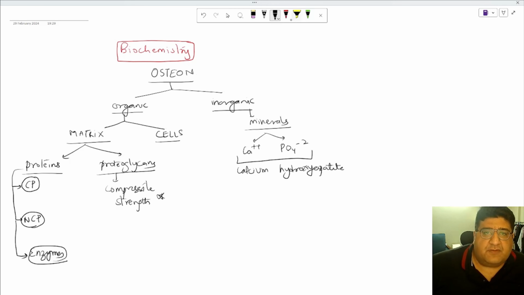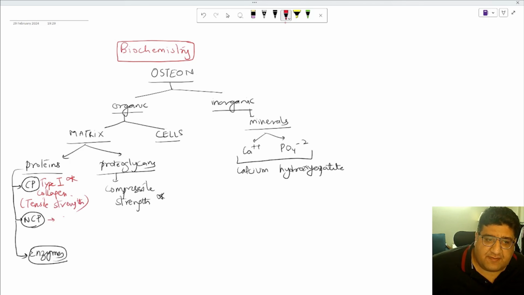Now, when we talk about CP, collagenous protein, always remember that the most abundant collagen found in bone is type 1 collagen, again an MCQ. This type 1 collagen is the actual reason behind the tensile strength of the bone.